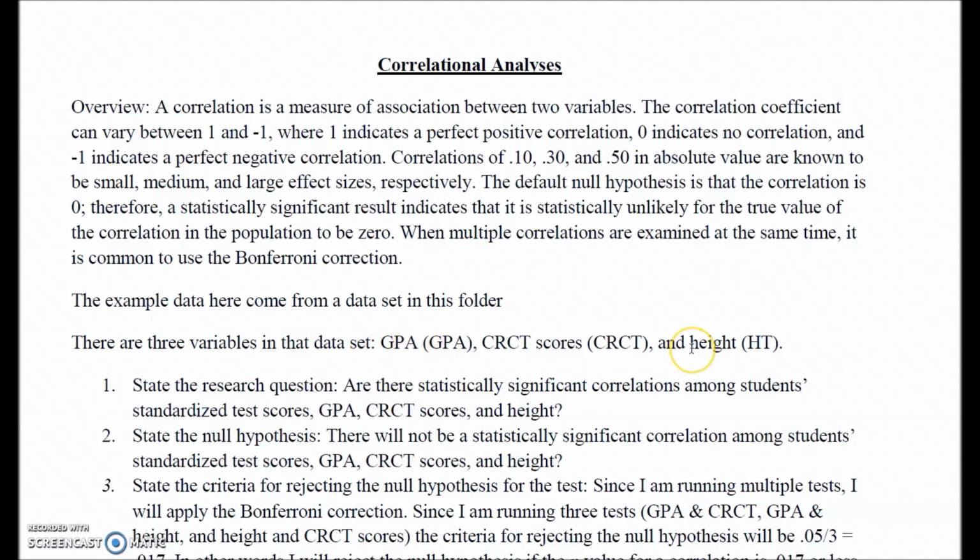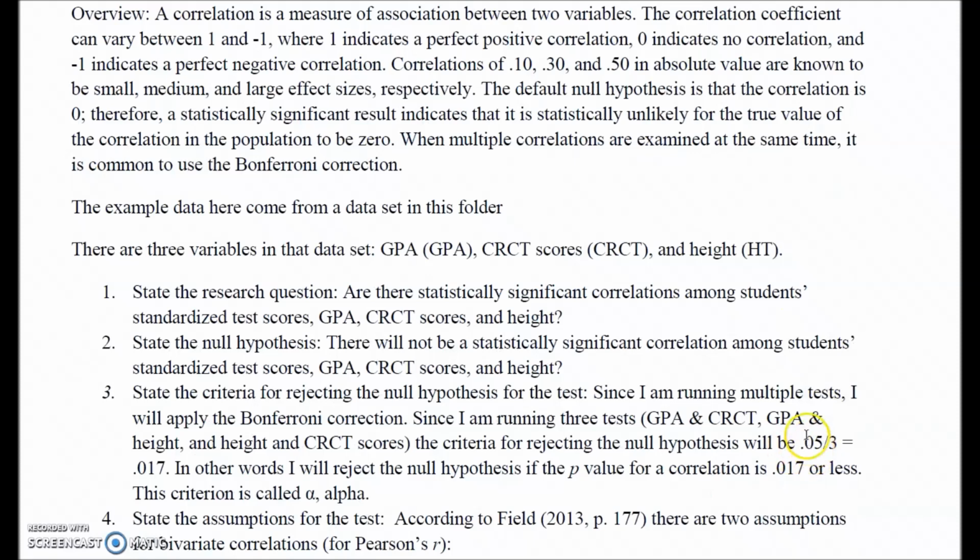We have three variables. Our usual value of alpha is 0.05, but because we have three variables, we divide the alpha value by 3, and that is 0.017.